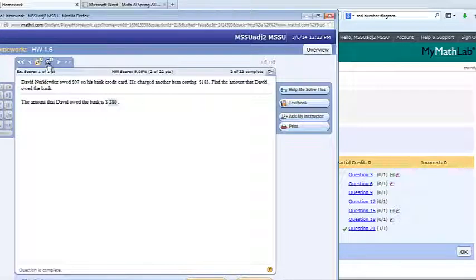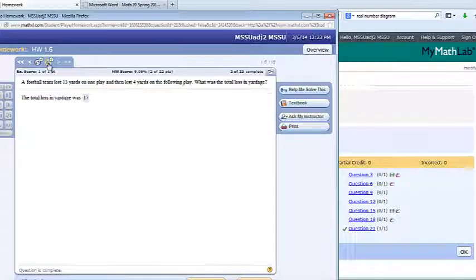Okay, so let's go to 22. Do a similar exercise. Okay, so this is a football one. A football team lost 13 yards on one play, and then they lost another 3 yards on the following play. What is the total loss in yardage?